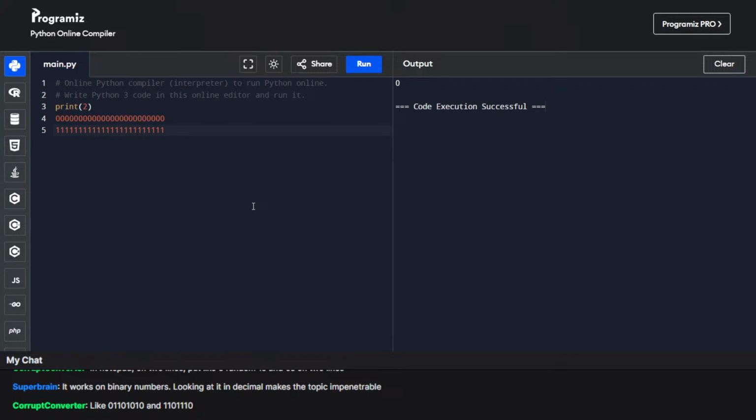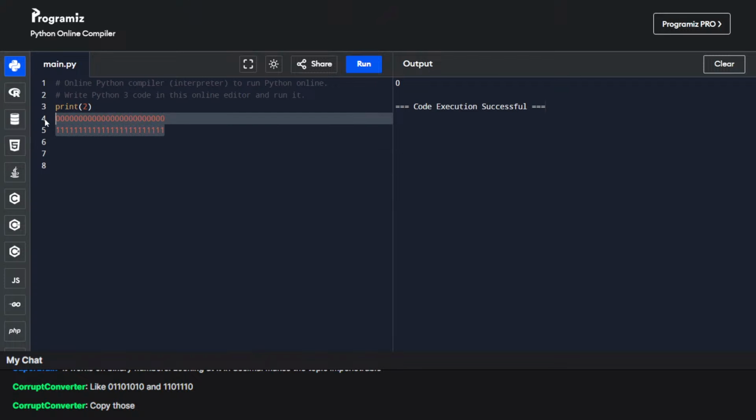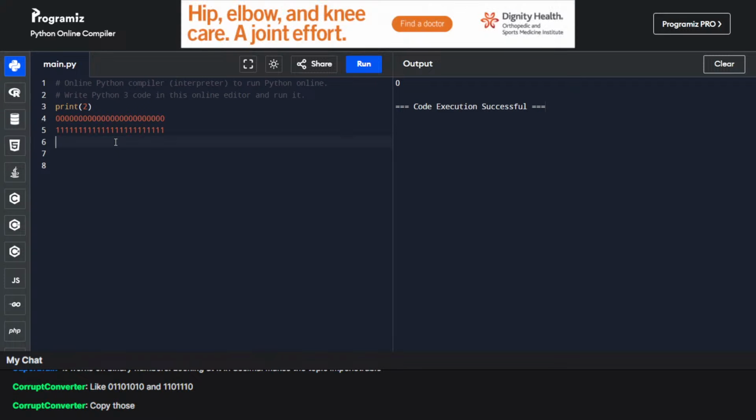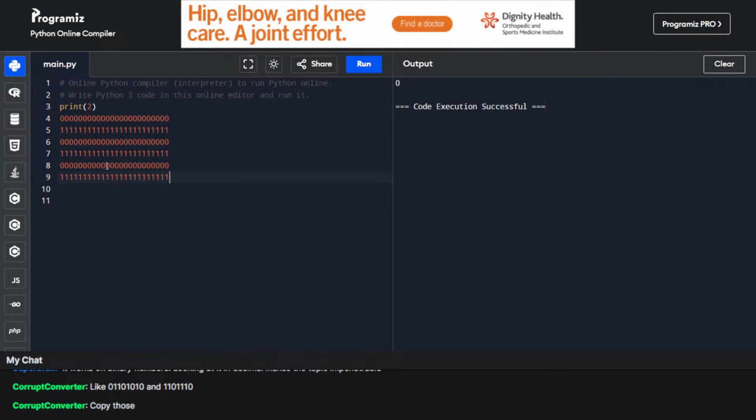So now that I made a whole row of 0s and 1s, now what? Copy those? Chat says copy those. Chat says I said random. Really? Okay. Oh, copy, okay.